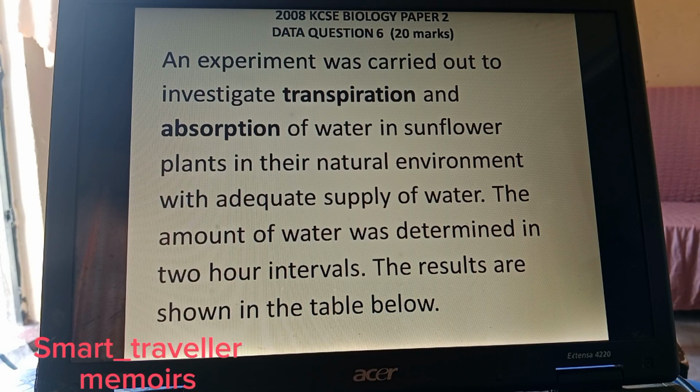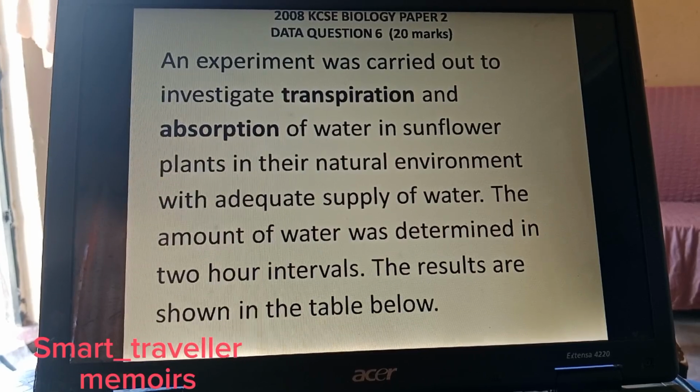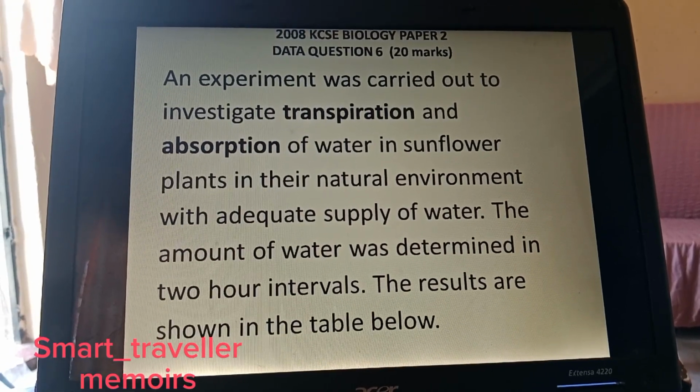An experiment was carried out to investigate transpiration and absorption of water in sunflower plants in their natural environment with adequate supply of water. The amount of water was determined in 2-hour intervals. The results are shown in the table below.